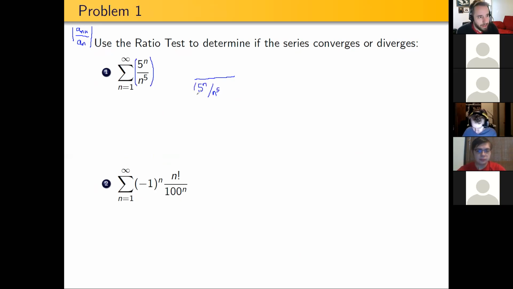Now for the numerator, the numerator is going to be a sub n plus 1. That means we're going to take the exact same expression as before, except every time there was an n, we introduce an n plus 1. So this was the nth term, a sub n, and when I go to a sub n plus 1, all of those n's get replaced with an n plus 1.